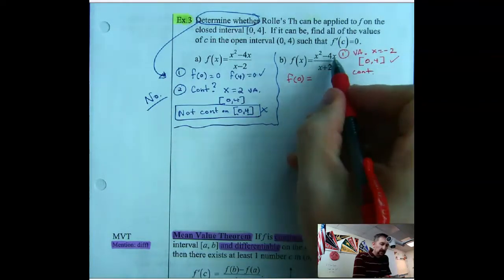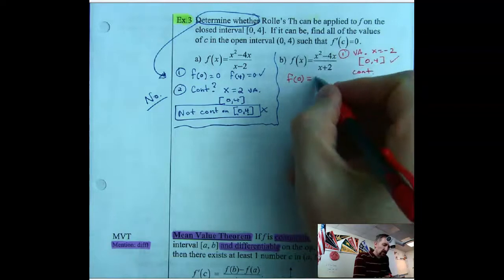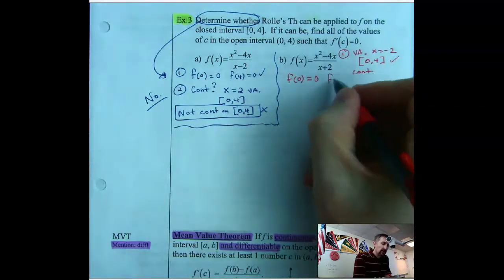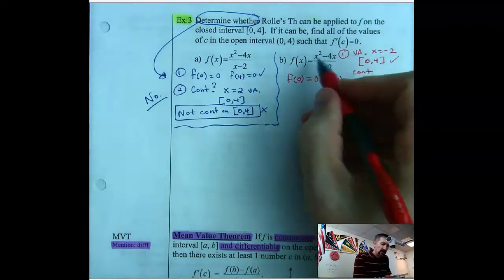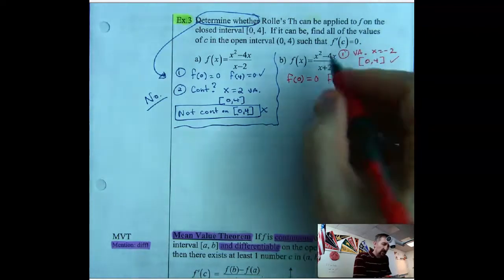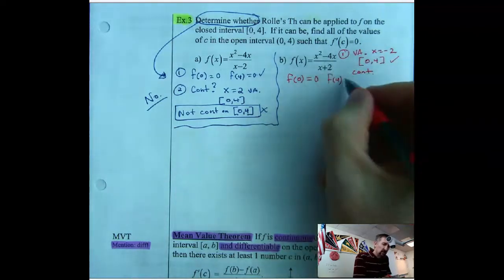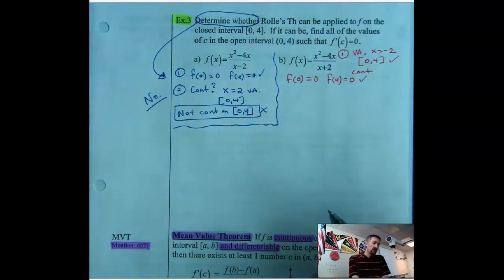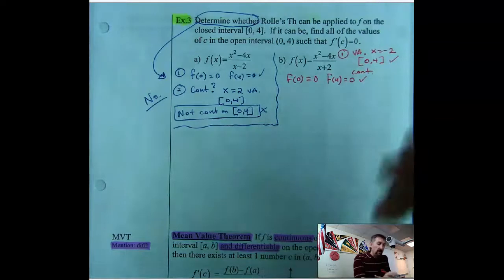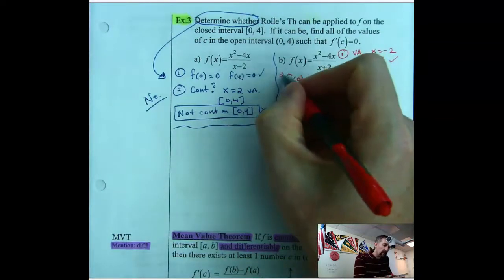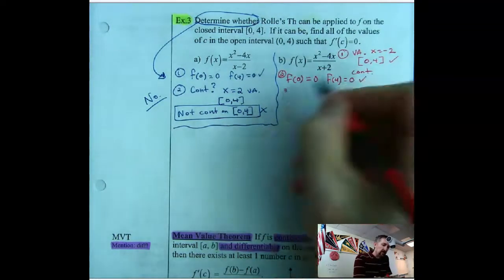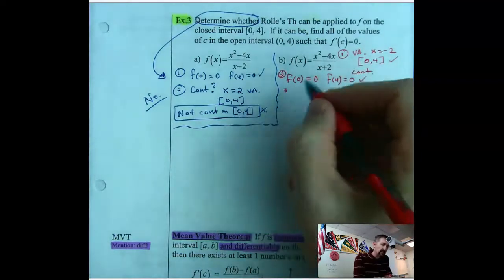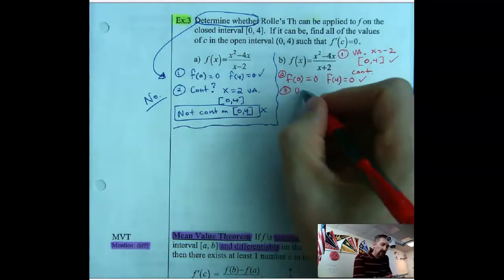That's going to be 0 over 2, which is 0. And if we check f of 4, we're going to get 0 over 6, which is 0. So the endpoints are equal. And then we also could have checked if it's differentiable, and it is.